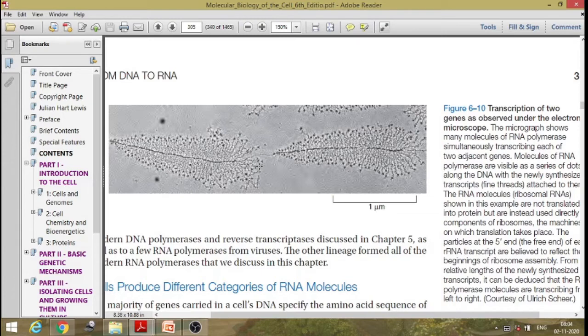Okay, so this is it. This is a very beautiful picture about the transcription process happening, and this gives a very clear idea how transcription process goes on within the cells.